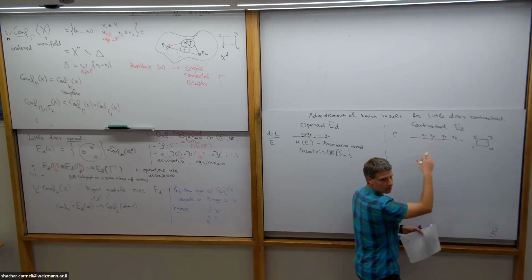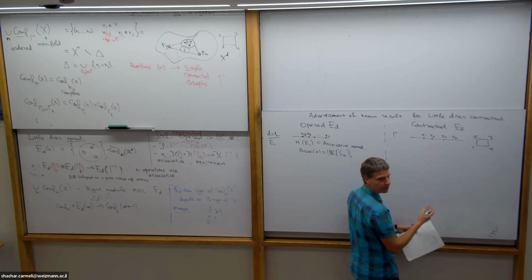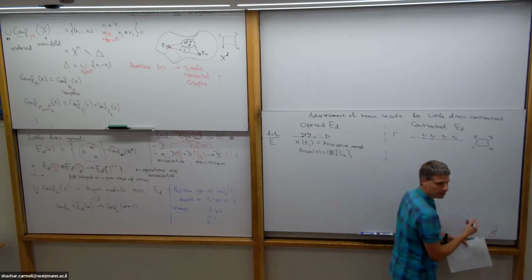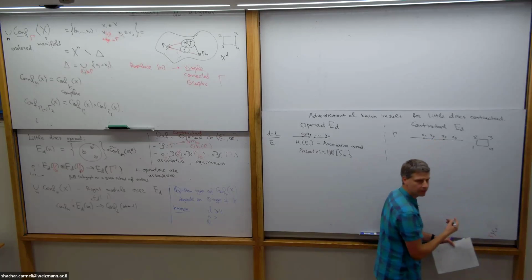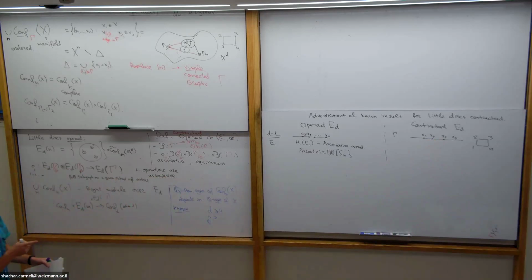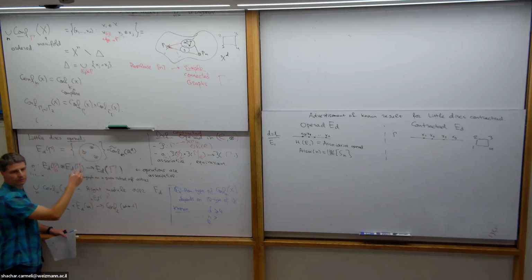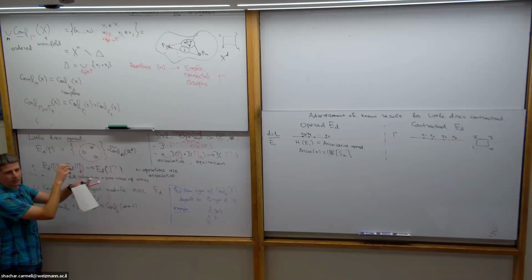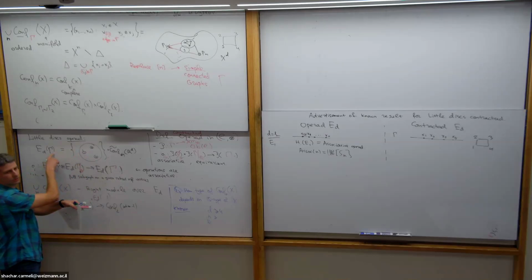Before you start with a concrete contractad, what is contractad E_d? You mean for each graph you assign something? Yes. The collection of disks such that they do not intersect when the points are not connected by an edge.